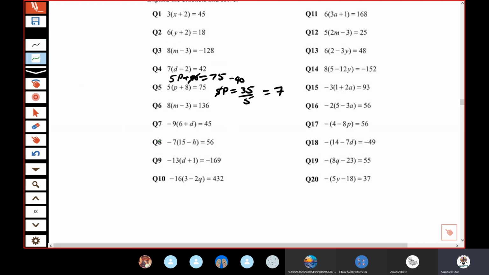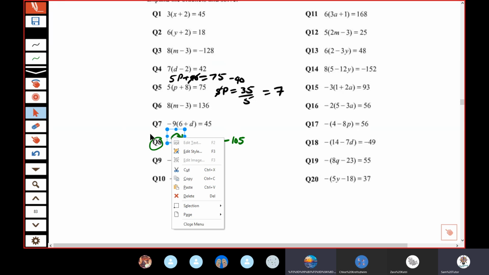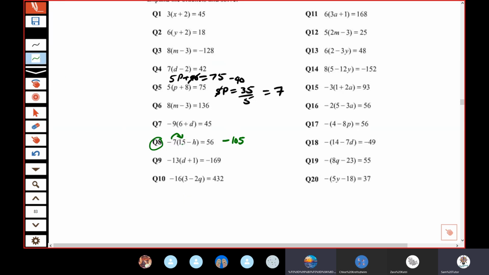Adele, can you help me out with question 8, please? So negative 7 times 15, which is negative 105. And then negative 7 times what? Times h. Times negative h. And then what do the two negatives make?